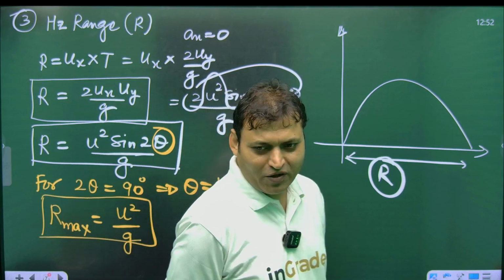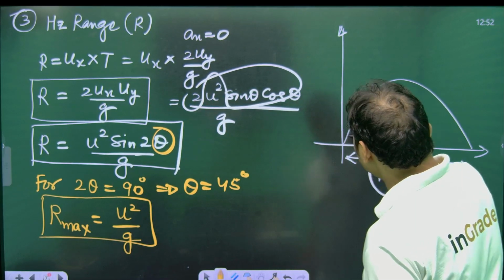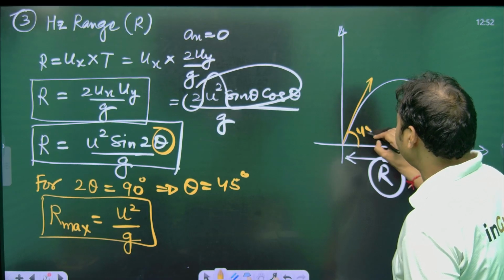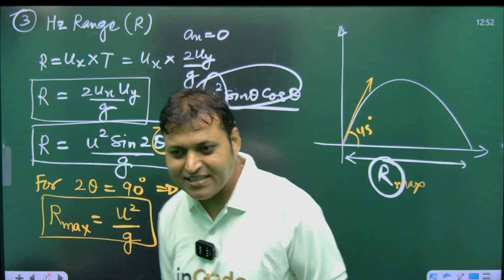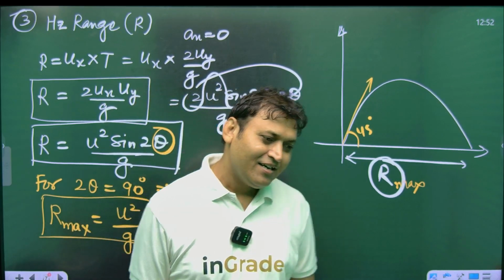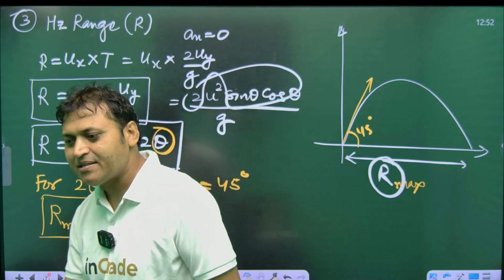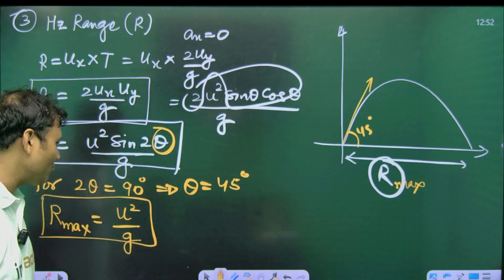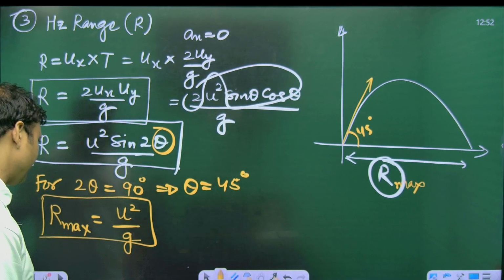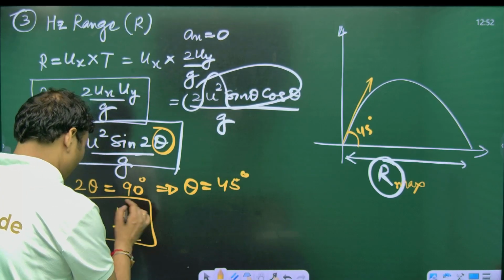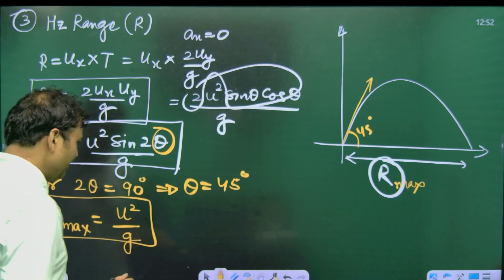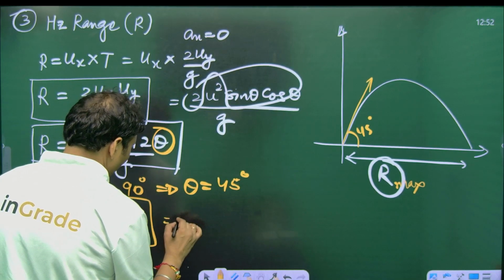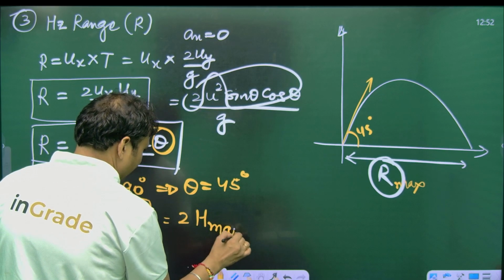When the particle is thrown at an angle of 45 degrees, then the range becomes maximum. When the particle is thrown at an angle of 90 degrees, then the maximum height attained becomes maximum, h max, that is U square by 2g. We have already discussed this. So the maximum possible range is U square by g for the same initial velocity, which is twice of h max, isn't it?